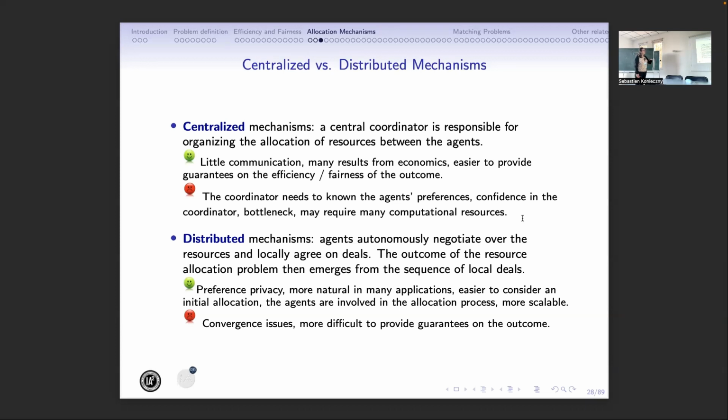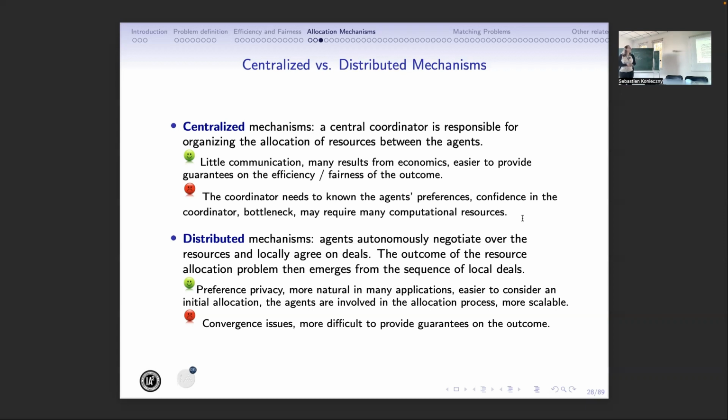On the negative side, when you use centralized mechanisms, it means that the coordinator is the only one responsible for the allocation. So the agents, once they have communicated their preferences, must have complete confidence in the coordinator, and must be willing to communicate their preferences.